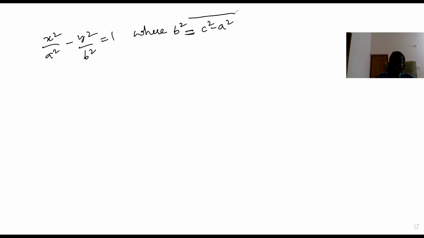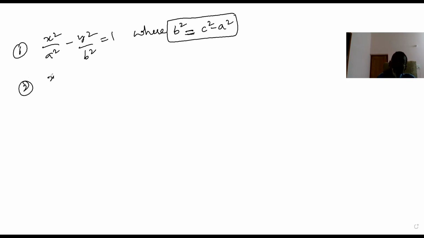So x square by a square, minus y square by b square equals 1, where B square equals, what we get, B square minus A square. Okay, this is form 1.